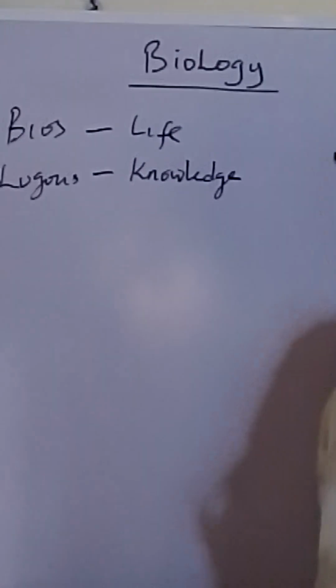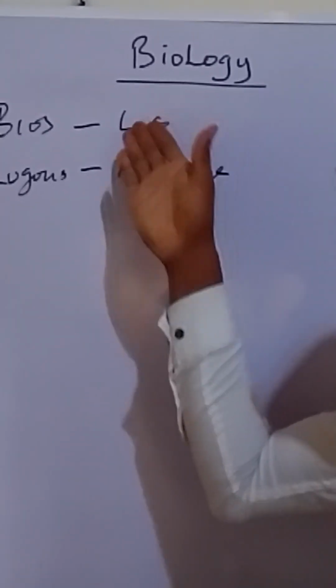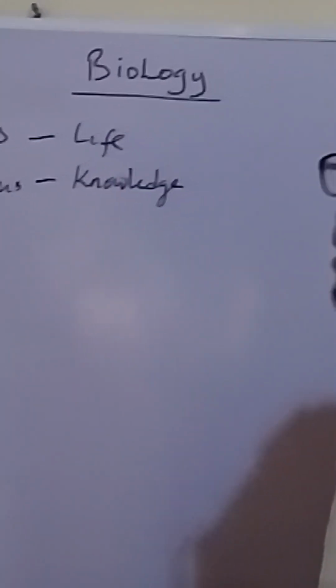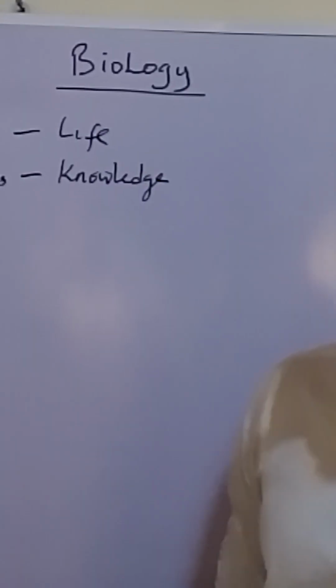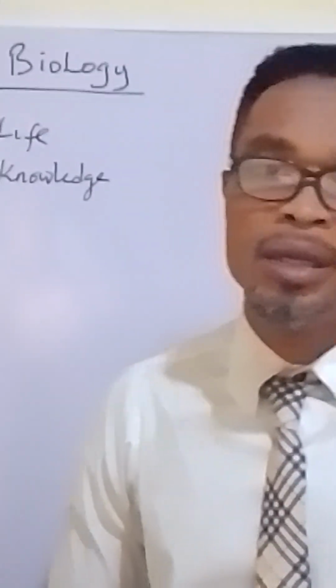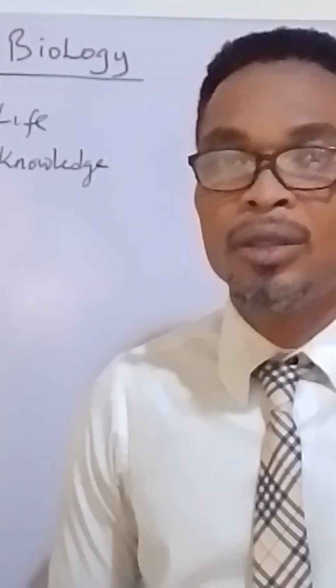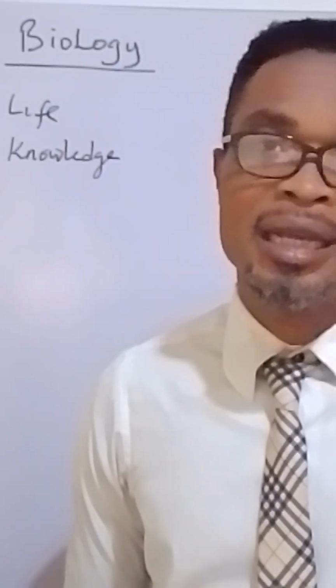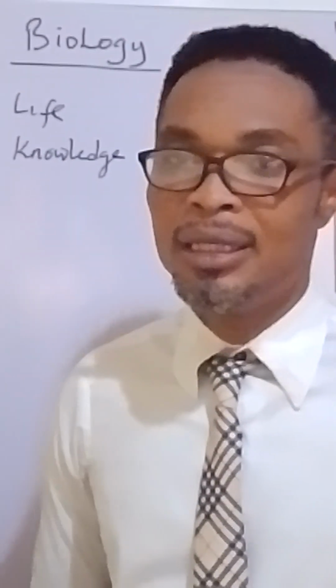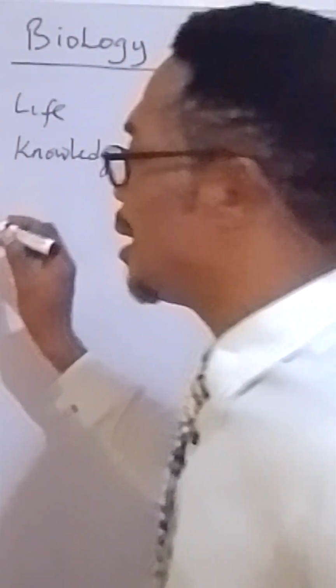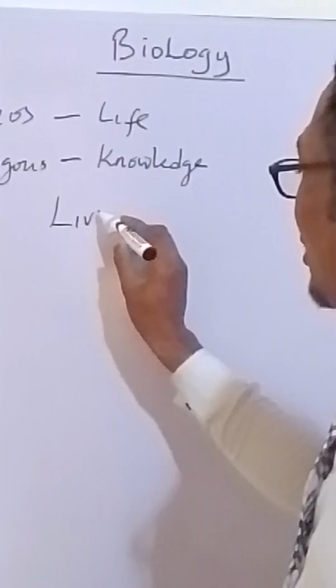So when we combine the two of them, it's just the knowledge of life. So we say that biology is the study of life, the study of living things. Living things are things that are alive. And living things are classified into two.